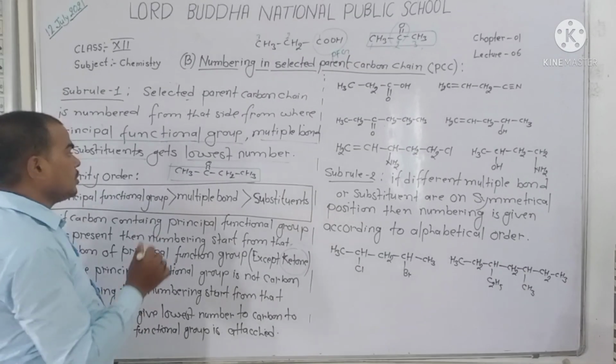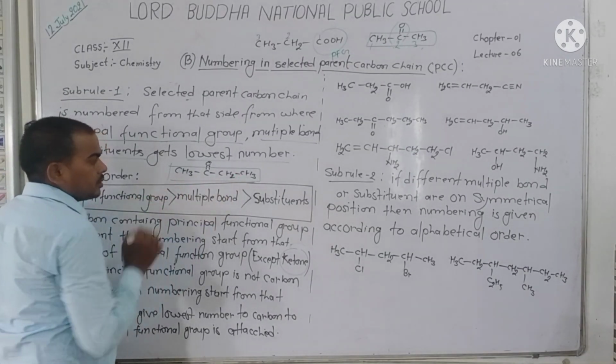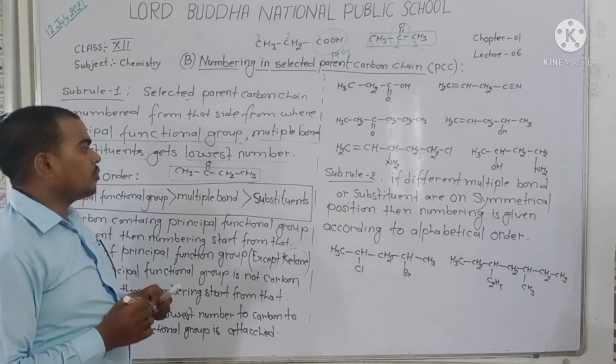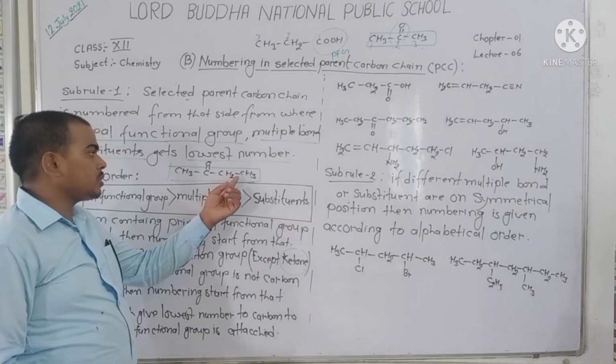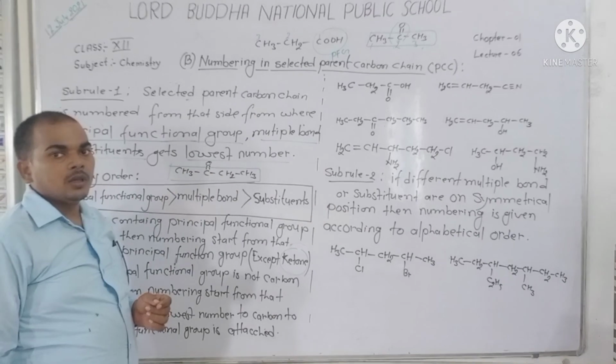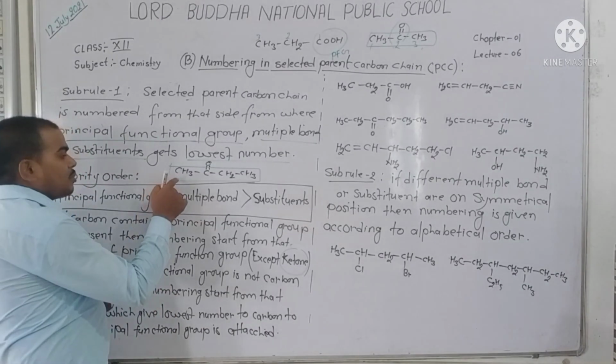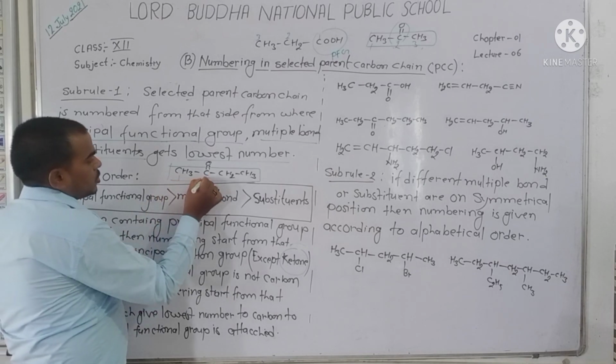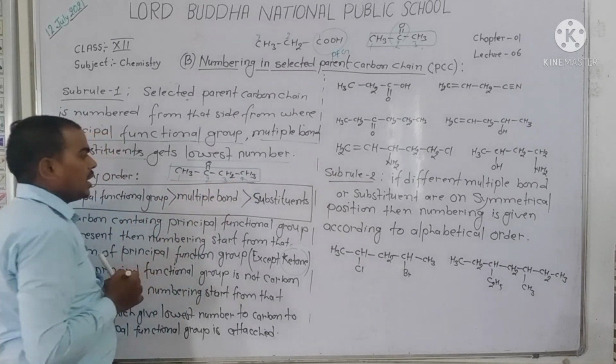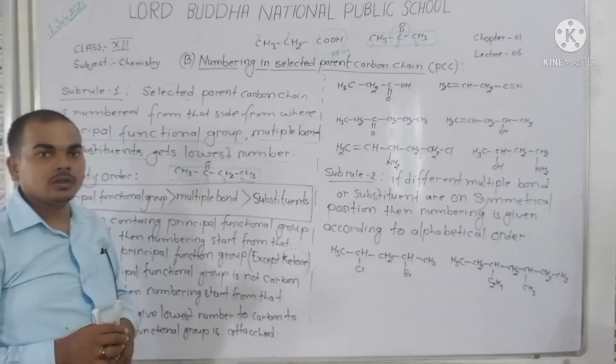Now counting first, second, third. If you count from the right side, right to left, 1, 2, 3, the ketone gets the third position. But if you count left to right, 1, 2, 3, 4, then the ketone gets the second position.